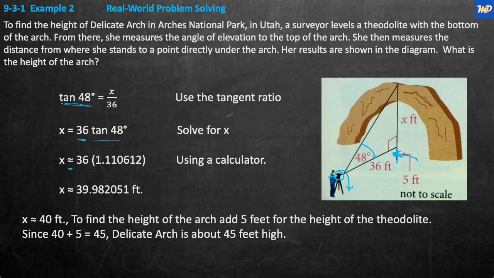So whatever height you got for this line, from the horizontal line coming from the theodolite to the top of the arch, you have to add the 5 feet to it. So x is approximately 40 feet. To find the height of the arch, add 5 feet for the height of the theodolite. Since 40 plus 5 is 45, Delicate Arch is about 45 feet high.